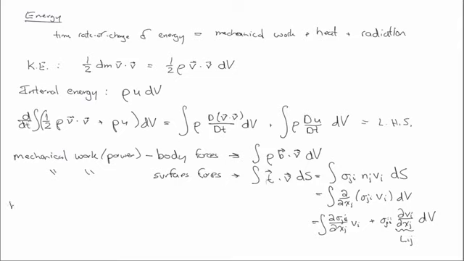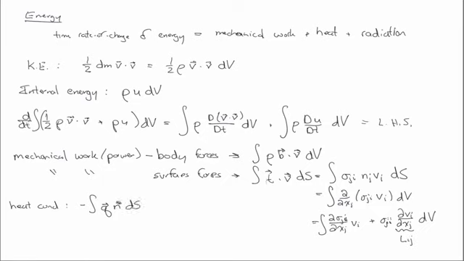Then we have heat conduction. And just by convention, we're going to say that the heat conduction vector is outward pointing, so that's defined as negative, ds.